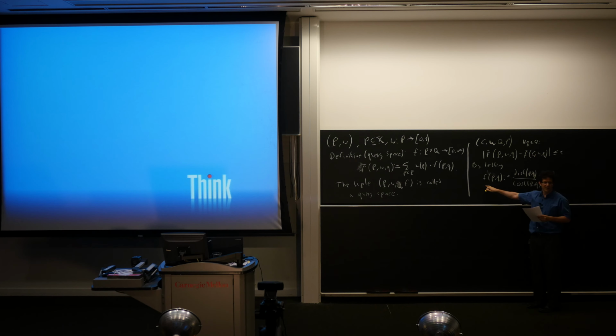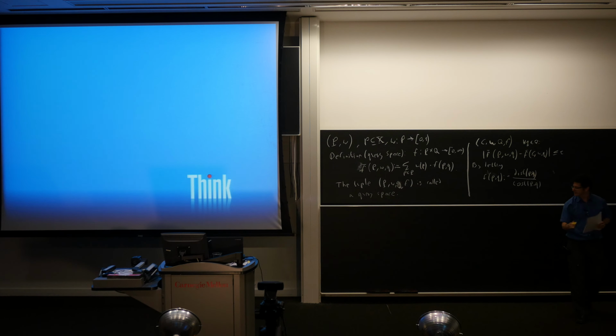I just define the function, instead of sum of distances, whatever the defined distances, I will define f to be the distances divided by the total cost, which is the same as the contribution of this point divided by the sum of the weights of the points.